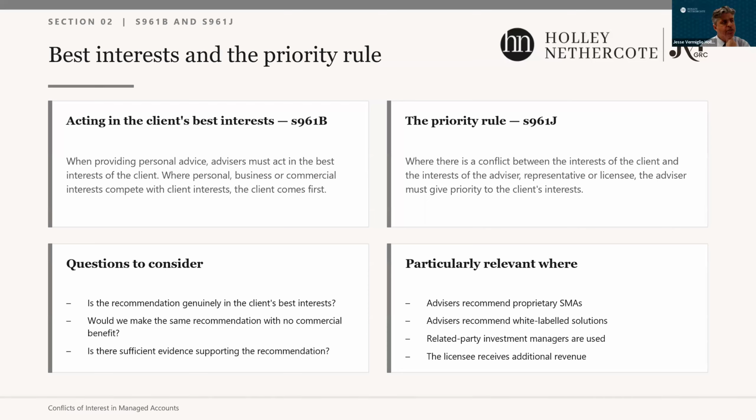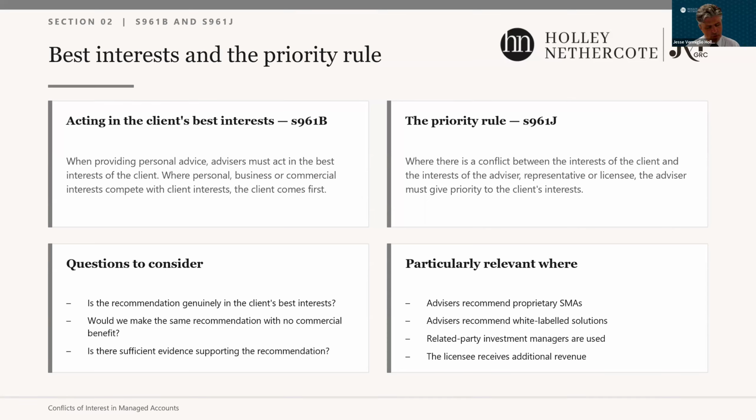Jenny, I might just add on that particular slide. Certainly, whether it's in AFCA or dealing with ASIC, where issues of conflicts do arise, what we often see is that the regulator will start with the premise of thinking, well, has something gone wrong here?